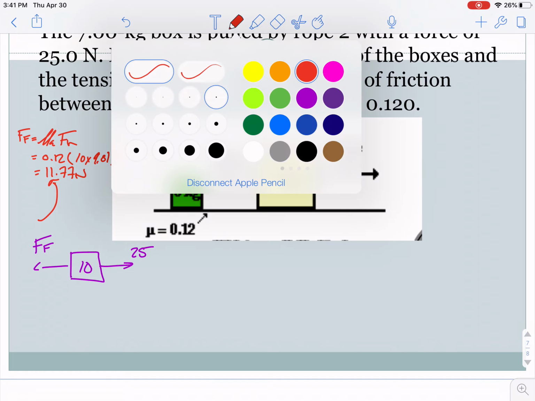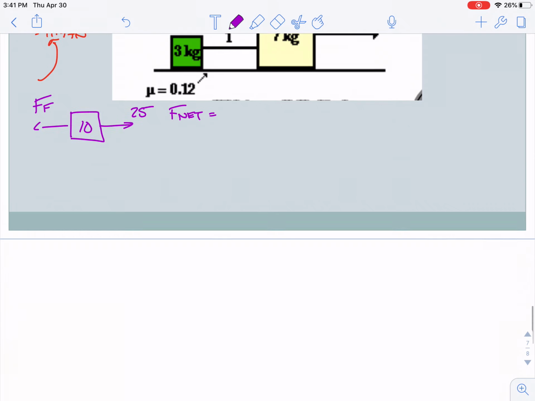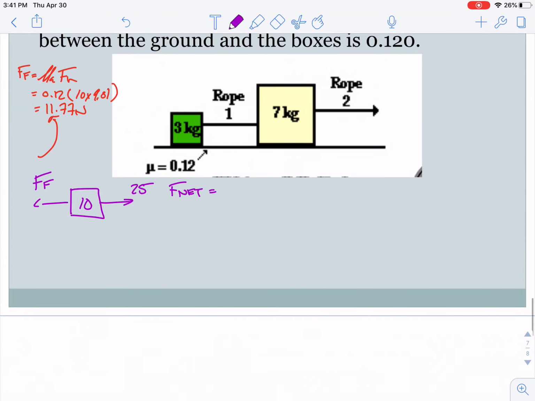So if we go back to this F net, we know that F net for the entire system right now is equal to FA, or the applied force of 25 newtons, minus the force of friction.